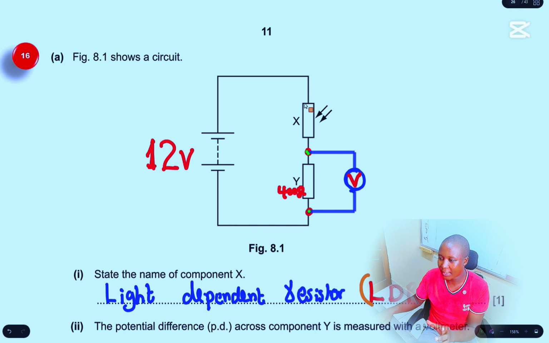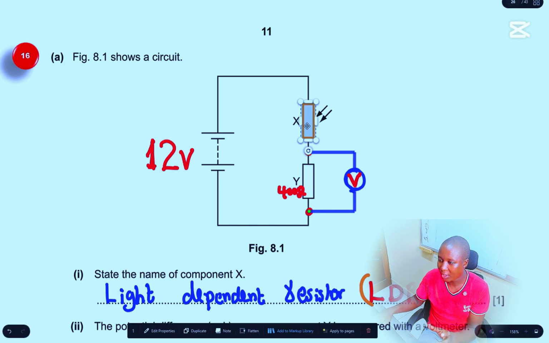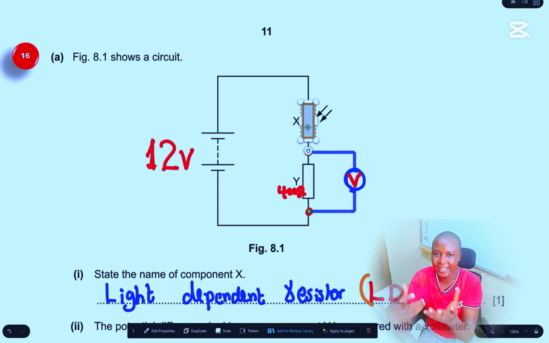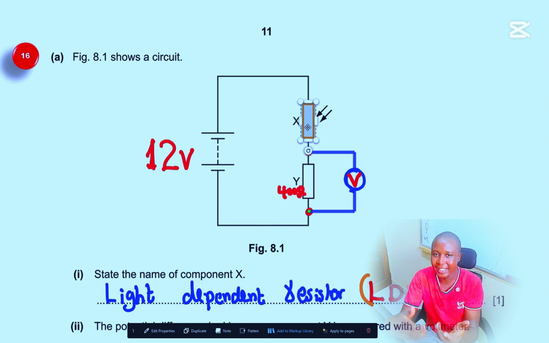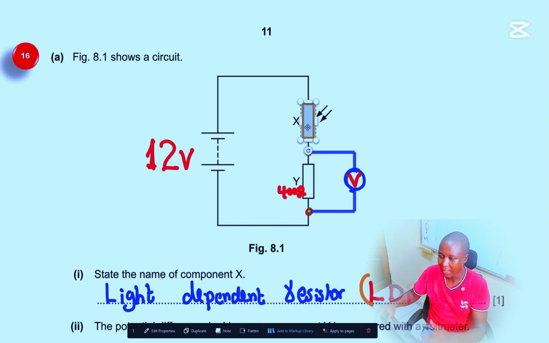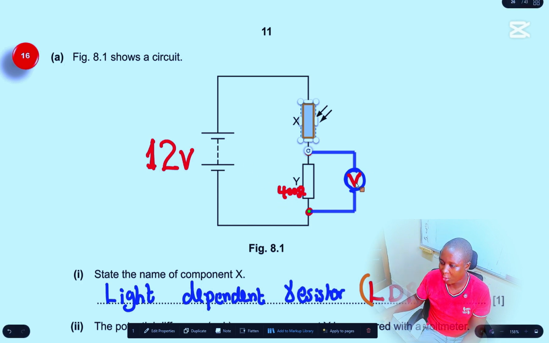Remember we said that in the event you want to calculate the voltage on this component, you take the current times the resistance. So if there is high resistance in X in a dark room, there will be a large voltage drop across X. So the voltage drop across Y is going to do what? Decrease, because much of the voltage will be across X.